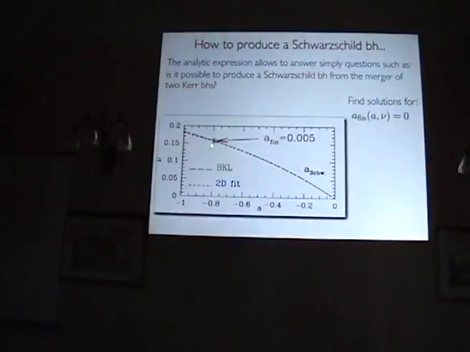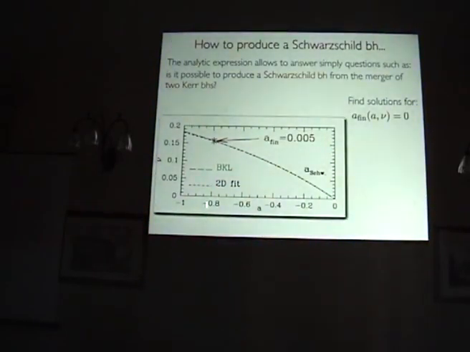And then you do a simulation, and you find out that the black hole you produced, although you were starting from very rapidly spinning black holes, minus 0.8, ends up 10 to the minus 3 away from Schwarzschild. How does this happen? Well, it's very simple. The angular momentum is like that, the spins are like that, you put them together as vectors, you get 0. It's not quite like that because you also have angular momentum being lost, but that's essentially what it does.